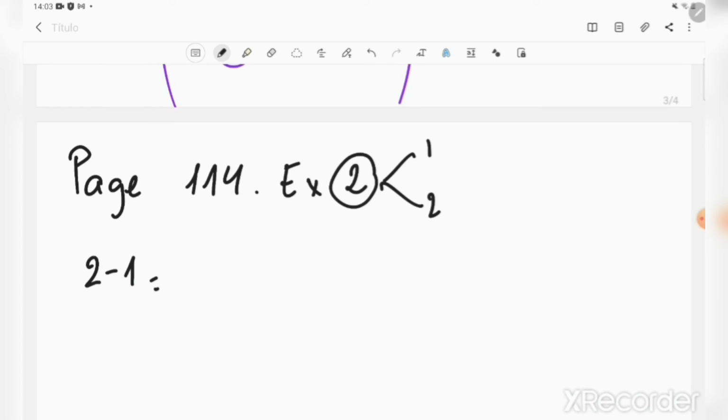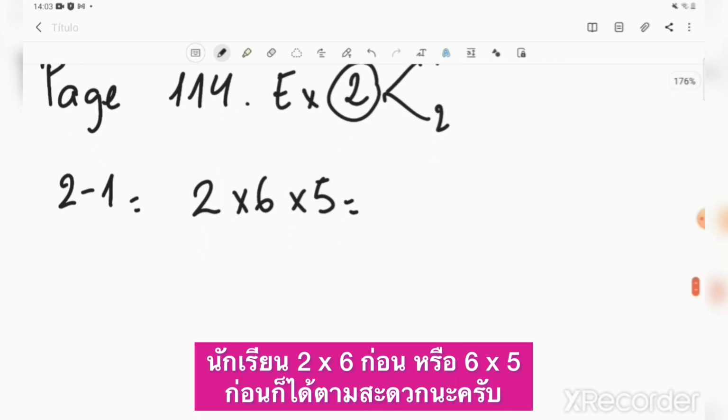The first one is 2 multiplied by 6 multiplied by 5. As you know, you can choose which operation you are going to do first, 2 multiplied by 6 or 6 multiplied by 5. It's up to you.